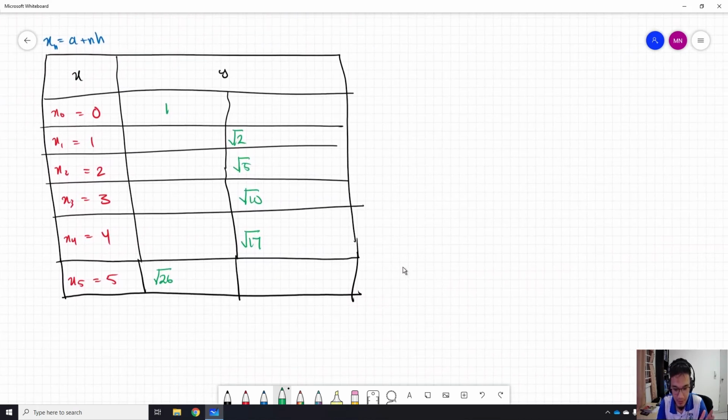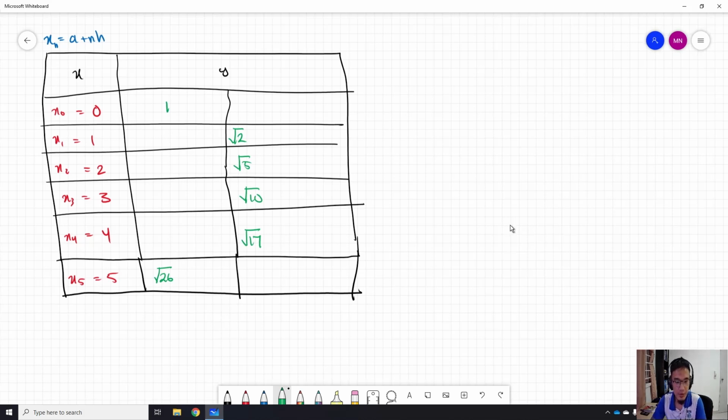From here you calculate the sum of these, so it will be 6.0990 for the left, and for the right it is 10.9357. You can use your calculator by adding square root of 2, square root of 5, square root of 10, and square root of 17, then you will get 10.9357.